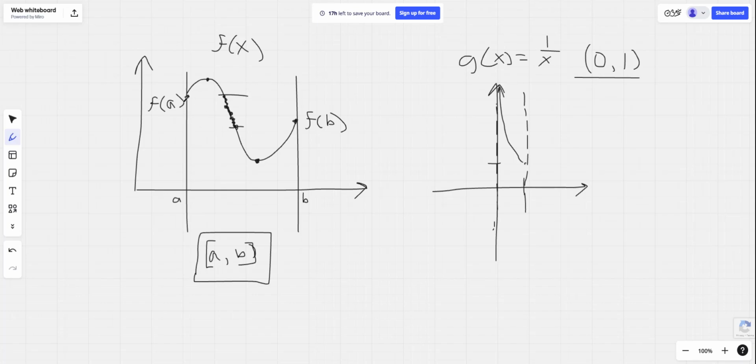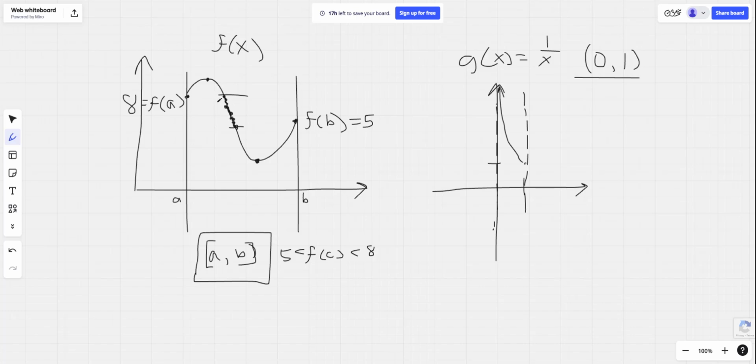So basically, if we're saying, let's say f of a is 8 and f of b equals 5, that means there exists a value of c such that f of c is between 5 and 8, and c is in the interval from a to b.